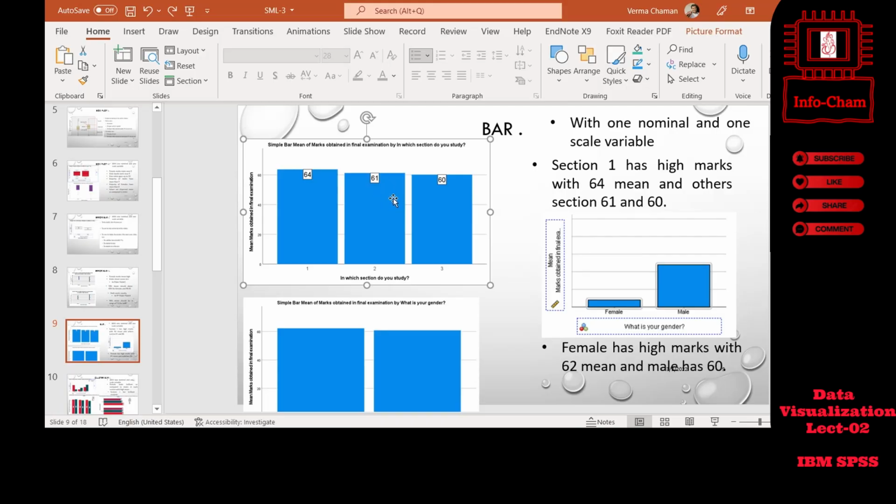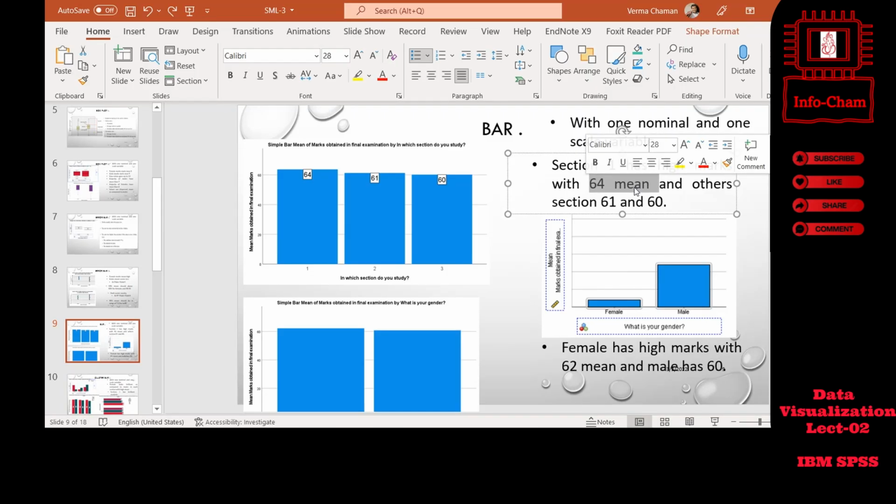In which section is the exam marks average? What are the average marks section-wise? I want to see it by section. I can check it by gender, or by caste. It is my choice. In this example, I show you the gender, and here the section-wise. So section 1 has high marks with an average of 64, right?